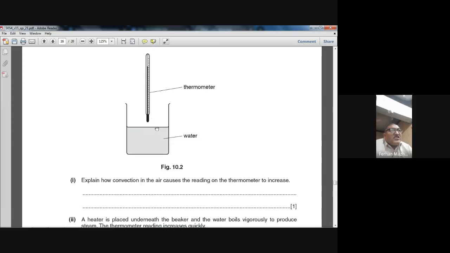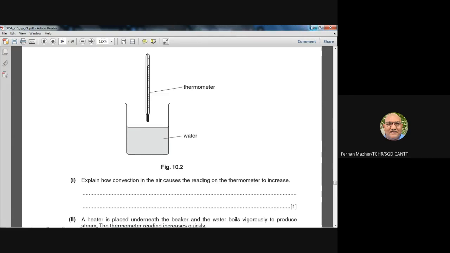So the convection currents will be set in. So when that hot air is going upward, when it comes in contact with the bulb of the thermometer, you see what will happen. When it comes in contact with the thermometer, it will give its energy to the thermometer. So that's why the mercury in the thermometer will rise.